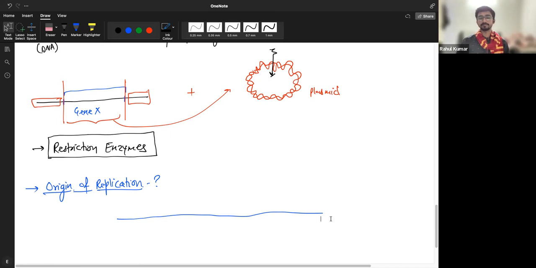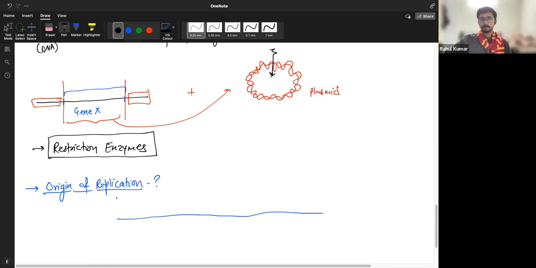How many origins of replication do you think should be there in one long DNA? One. That's what you logically think.